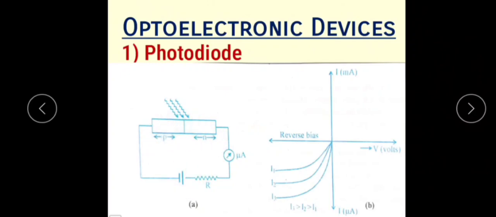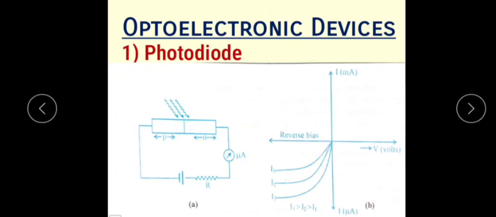That is the conduction process, as electrons are excited from the valence band to the conduction band, and that current is called the saturation current. The reverse saturation current increases with increase in the intensity of light incident on the diode. If the light intensity increases, obviously the saturation current also increases.